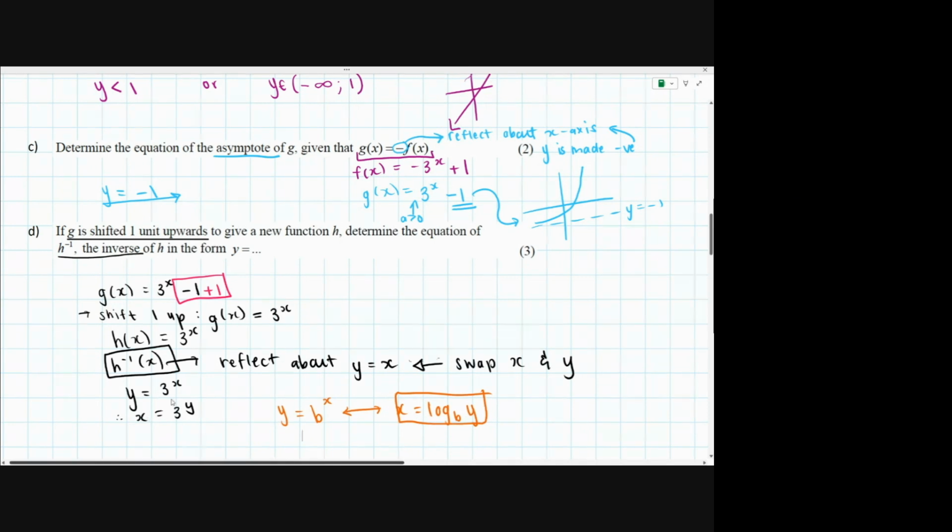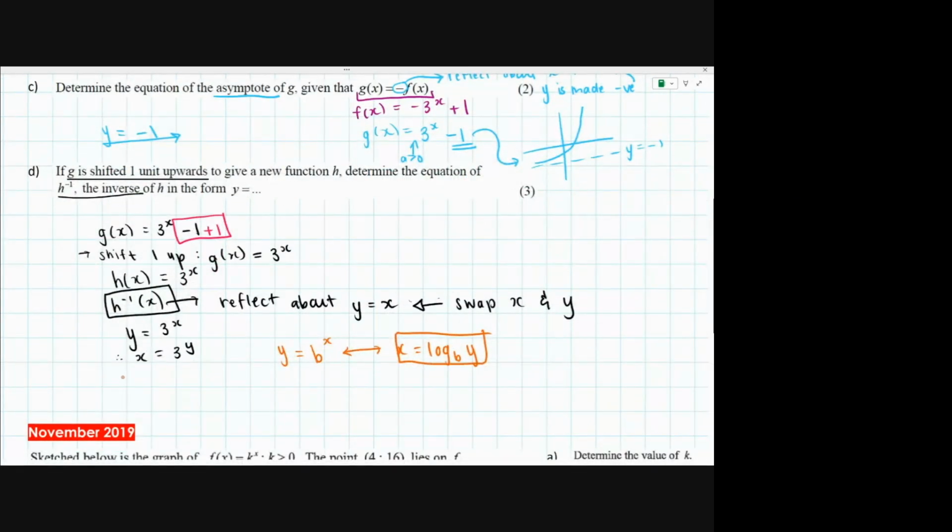And so now that we've swapped, we can go and write it in logarithmic form. So this would be y is equal to log of your base, which is 3, to your answer x. So y, the exponent, is equal to log of your base to whatever that exponential expression is equal to.